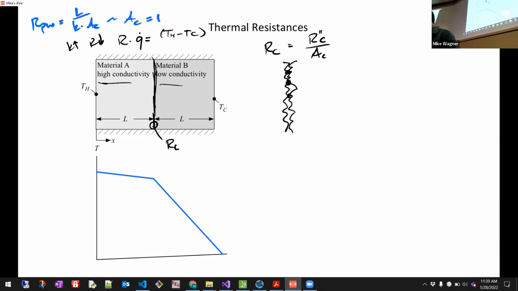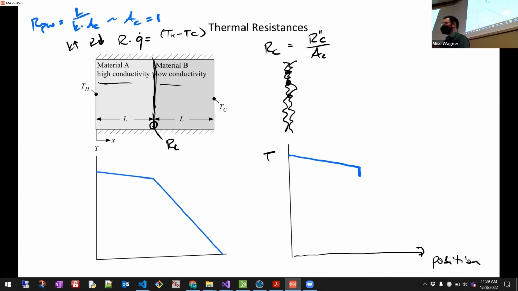So if we draw what the temperature profile looks like in this case, we've got our new axes here. This is position and this is temperature. We would still have conduction across that's relatively low. At this discontinuity though, we would have an immediate temperature drop as a function of position, because of this resistance.